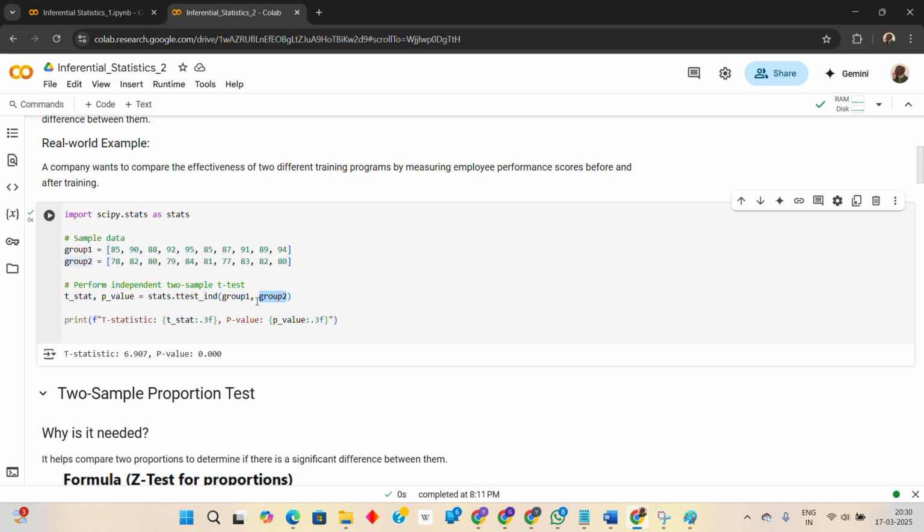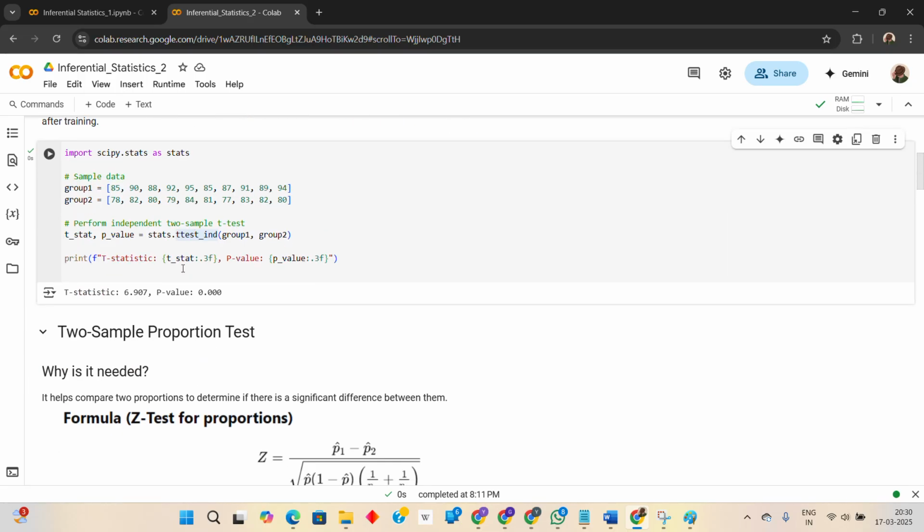By default, it will calculate the mean of group 1, mean of group 2, the variance of group 1, the variance of group 2, and the numbers come from the length of each group. Behind this function is the formula implementation, and you will directly get the t statistic value and then the p value.